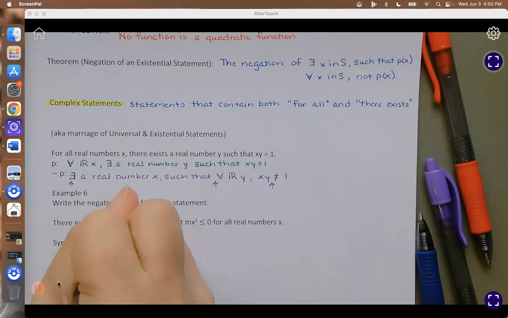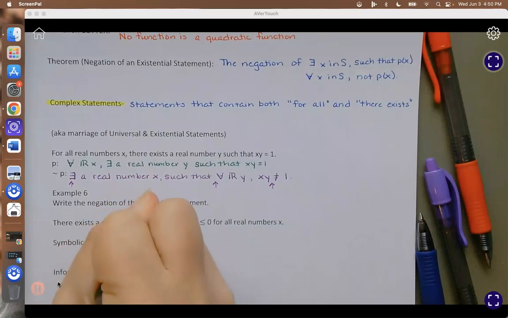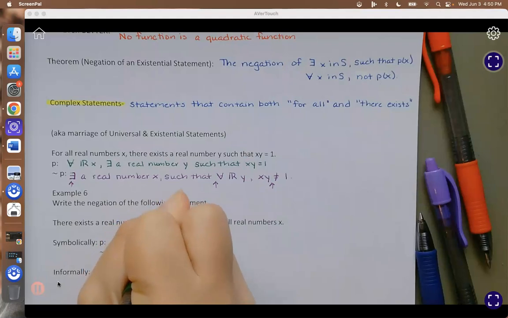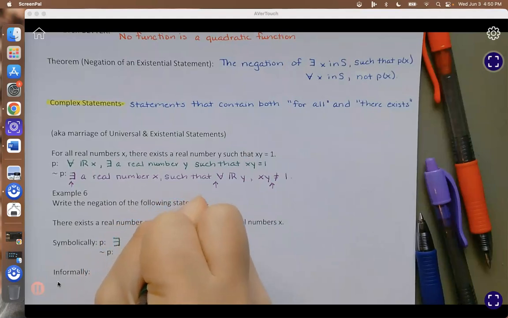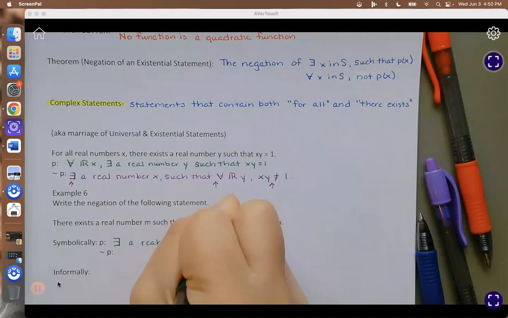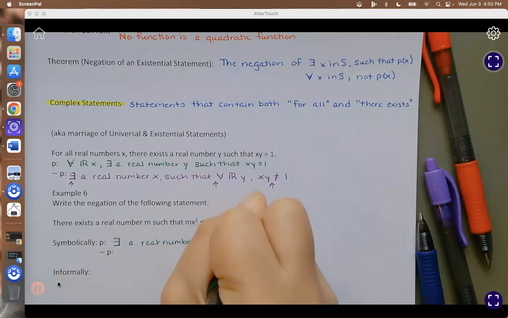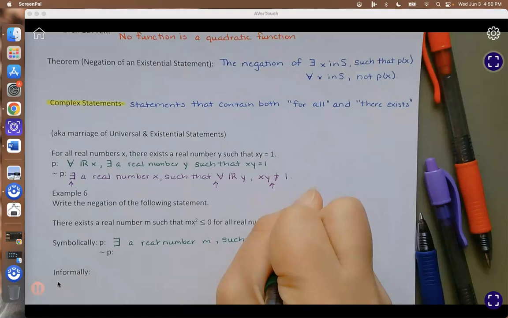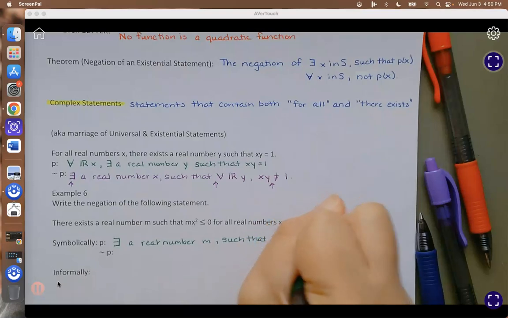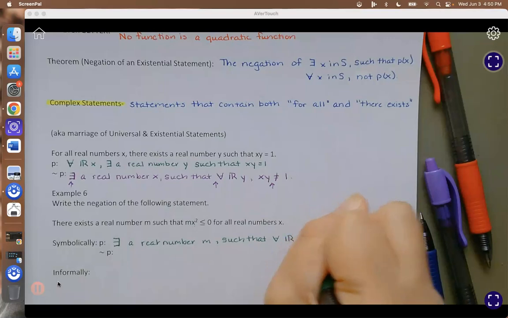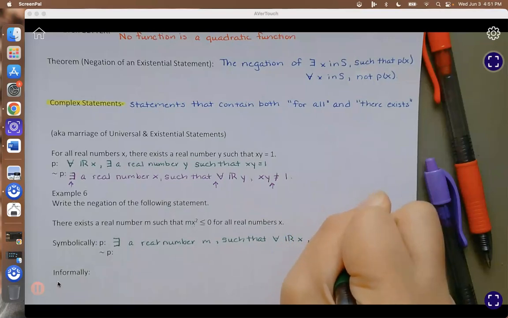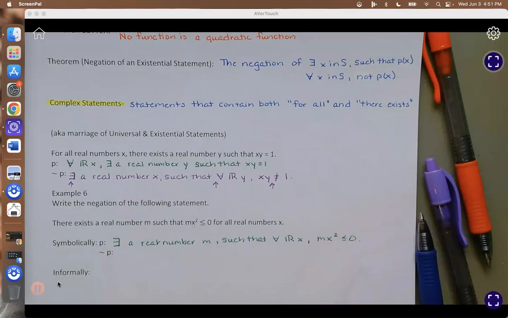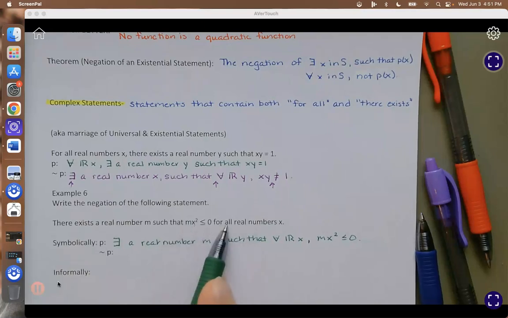There exists a real number m such that for all real numbers x, mx squared less than or equal to 0. Okay. They didn't word that very well, but that's what it means.